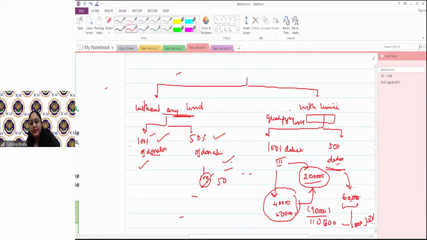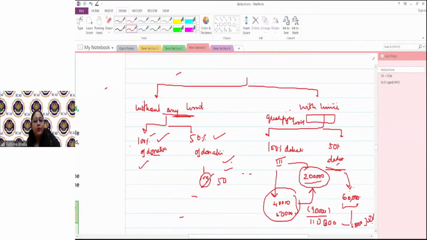Then whatever is left from that qualifying limit versus the fourth category, whichever is lower, उसके बाद 50% would be allowed to be claimed.